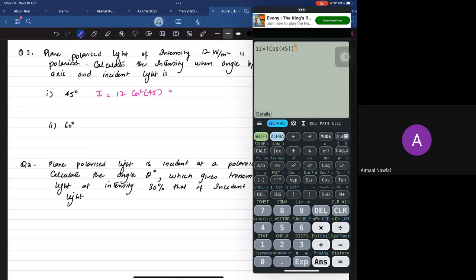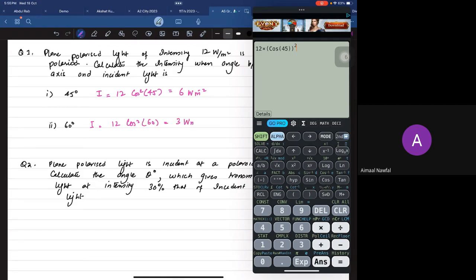So it's going to be 6. Do you guys understand that? Yes. And the other one will be 12 cosine square of 60. This will come out as 3 watts per meter square. Is that clear? Yes. Good. Now try the next one, please.